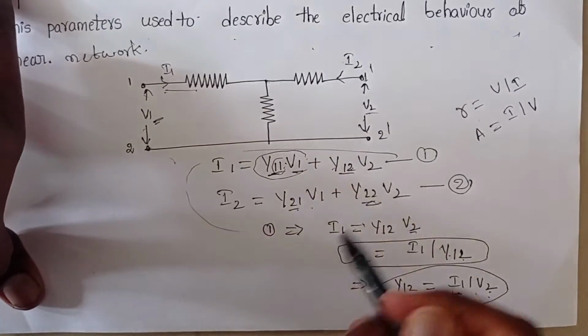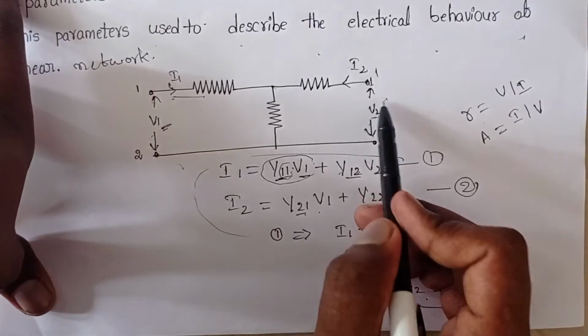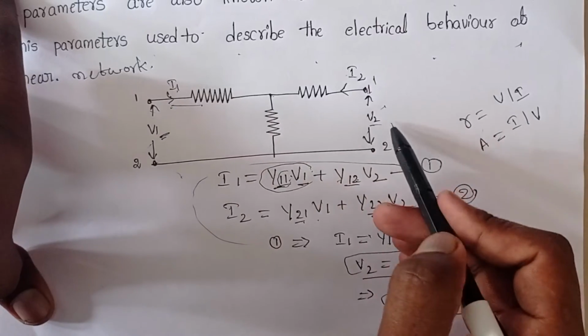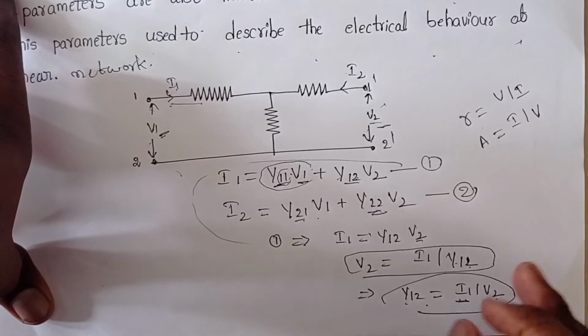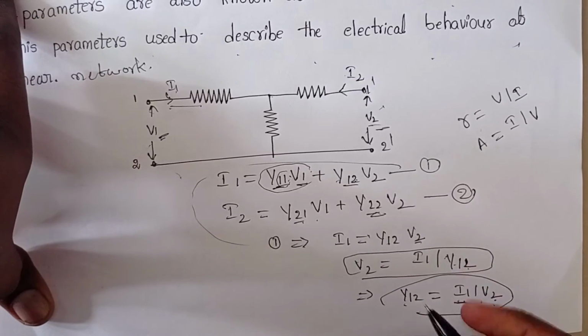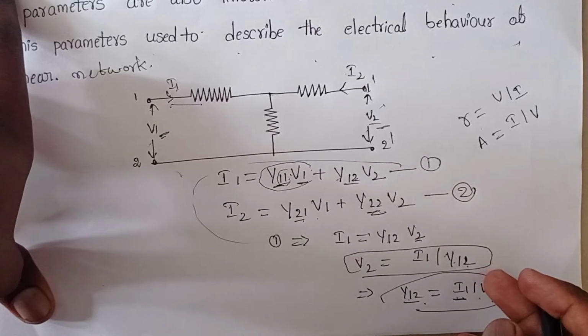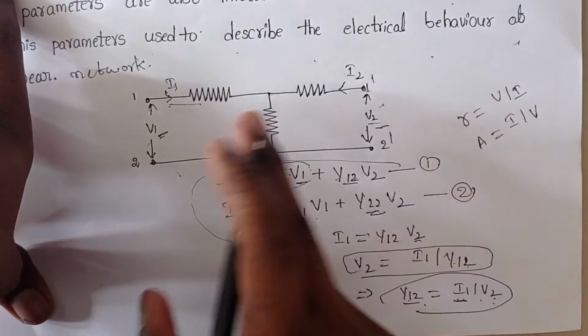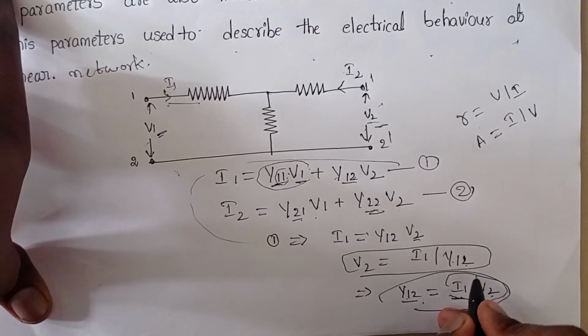That is, it consists of both an input parameter and an output parameter, input current and output voltage. That's why it is between the input and output. I already told you Y12 and Y21 are the admittances between the input and output. That's why we have both input and output parameters.